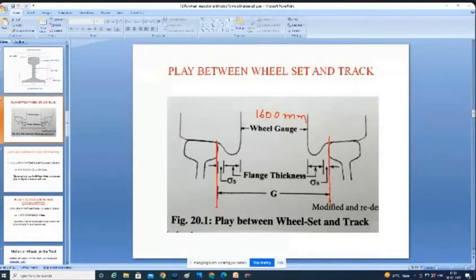This is called the track gauge. Then this is called the flange thickness, that is 28.5 mm. This side also 28.5 mm.